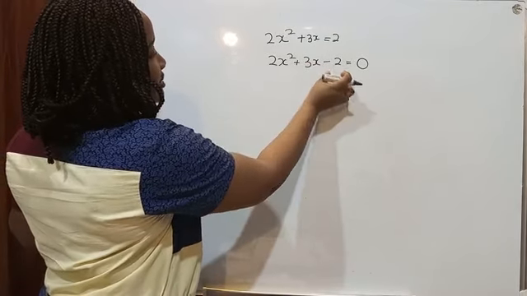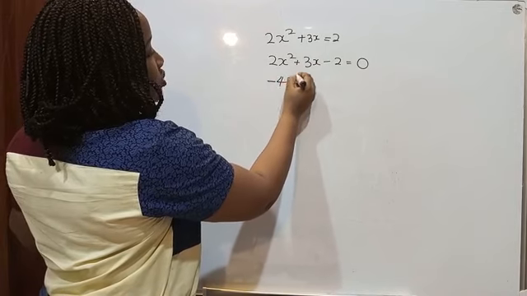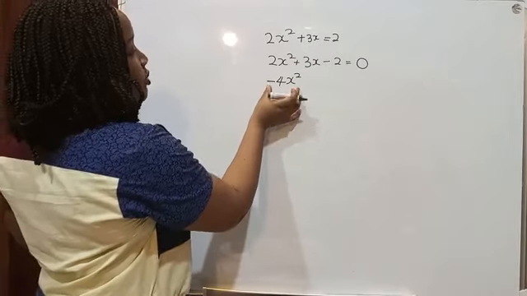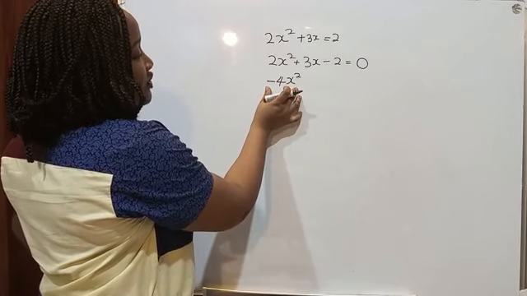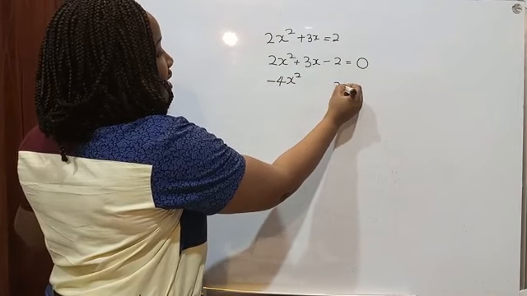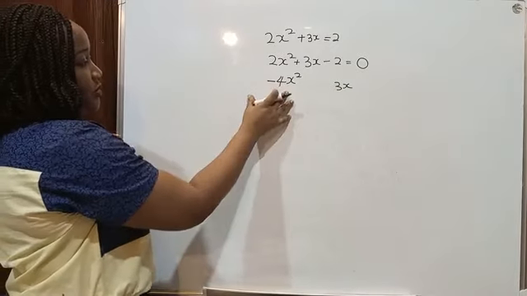We have 2x squared times minus 2 gives us minus 4x squared. So you look for two algebraic terms that will multiply to give you minus 4x squared and add to give us 3x. So let's try to find the possible terms.